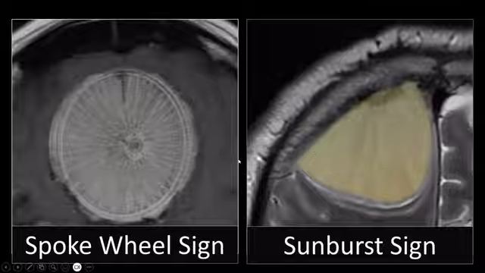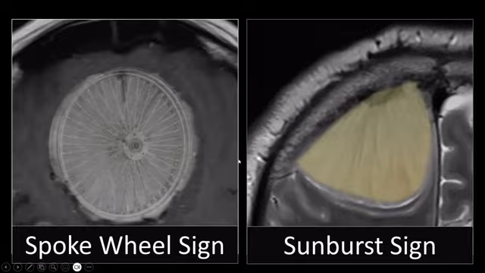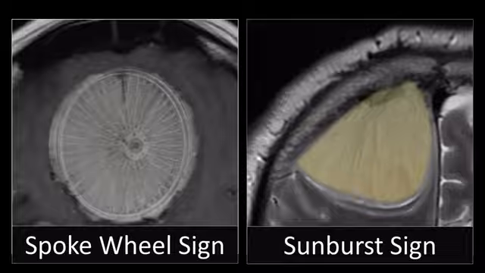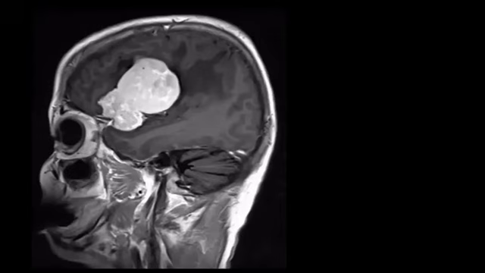We are looking at vessels radiating from a dural pedicle, which brings in vessels from the external carotid artery that supply the tumor. And these vessels radiate from the center of the tumor, or from this dural pedicle, to the periphery of the tumor.